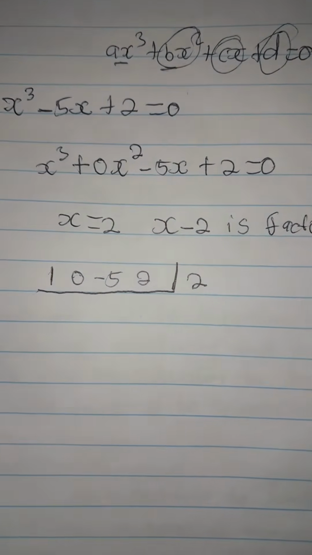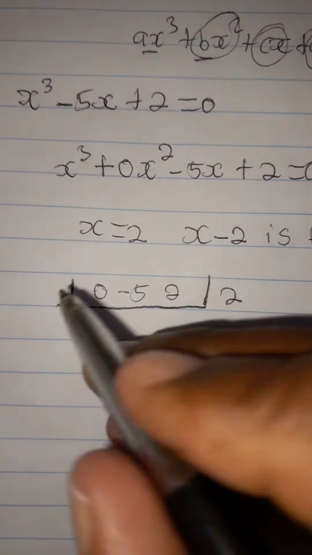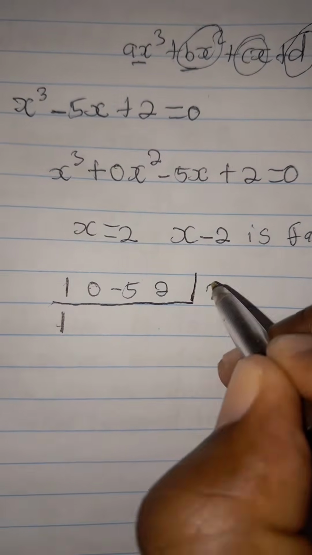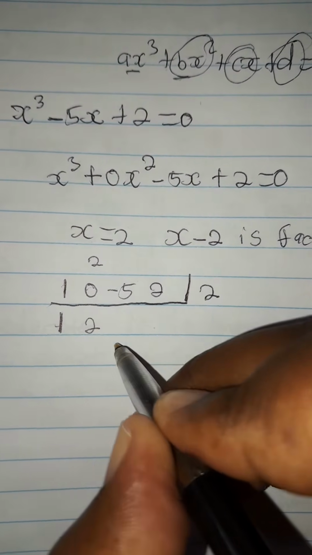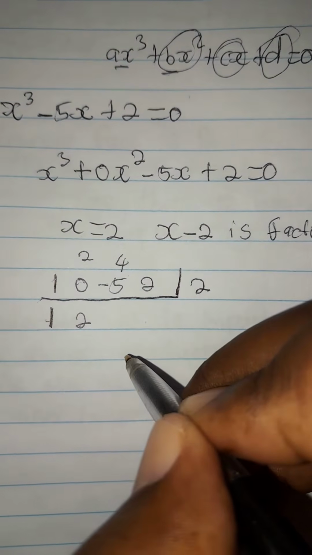Remember that I told you, you have to first drop the coefficient of x cubed, which is 1. So it's going to be 1 here. 1 times the factor, 1 times 2, that will be 2. 2 plus 0, that will be 2 there. 2 times 2, that will be 4. What is 4 plus -5?